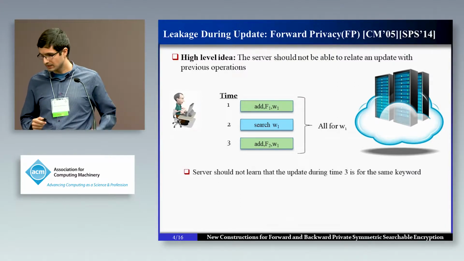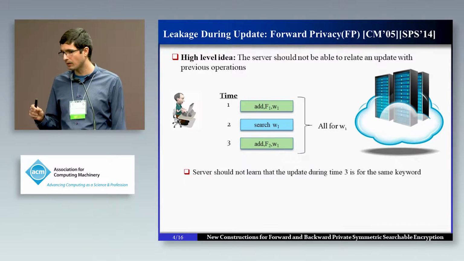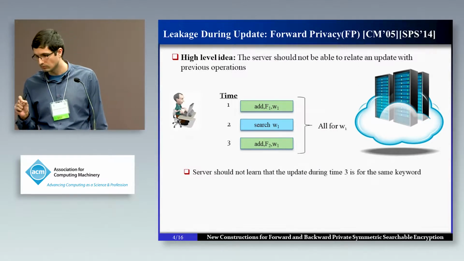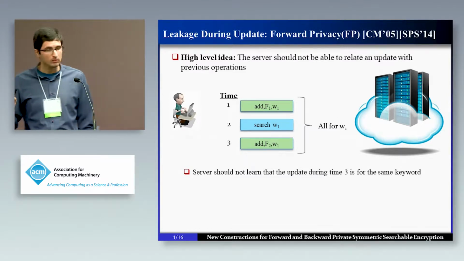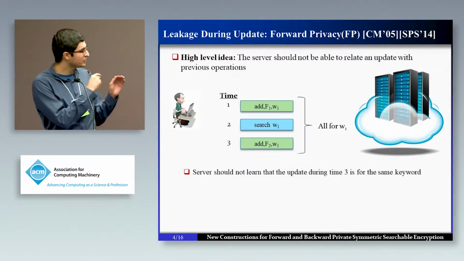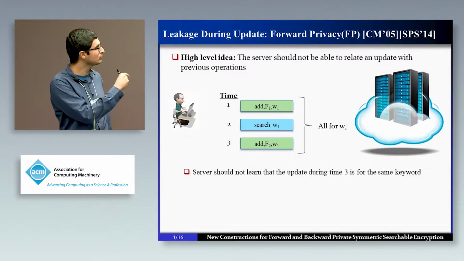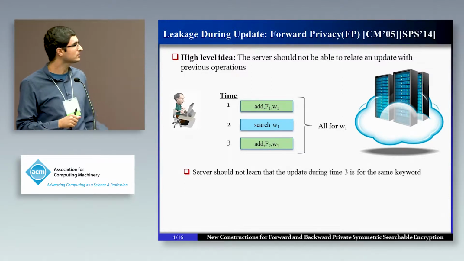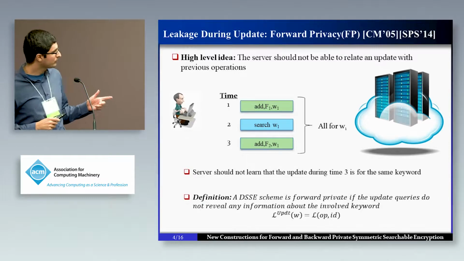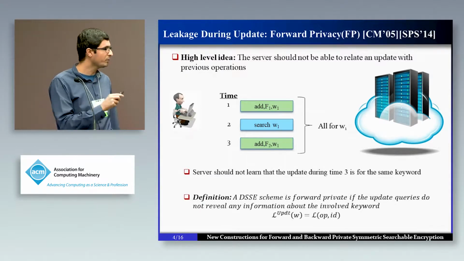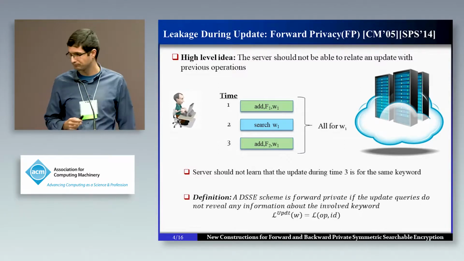At this point, the server should learn nothing about the update which happened during time 3, and should not be able to correlate it with the two previous operations. More formally, the update leakage should be a function of the operation and file identifier.